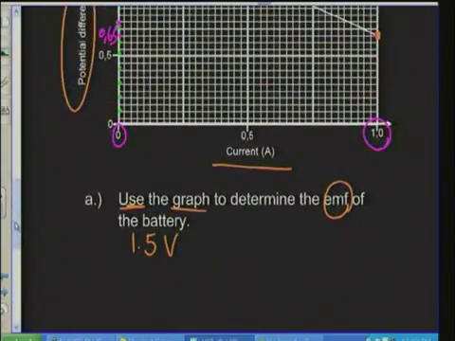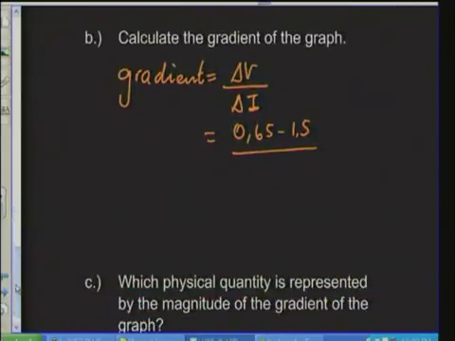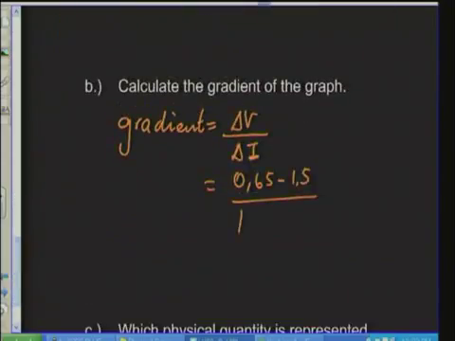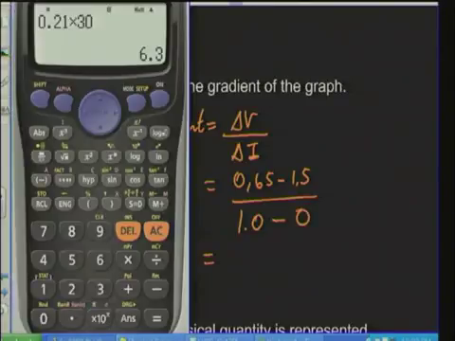The second value for current is 1.0 and the first value is 0, so 1.0 minus 0. You can take out your calculator: 0.65 minus 1.5.